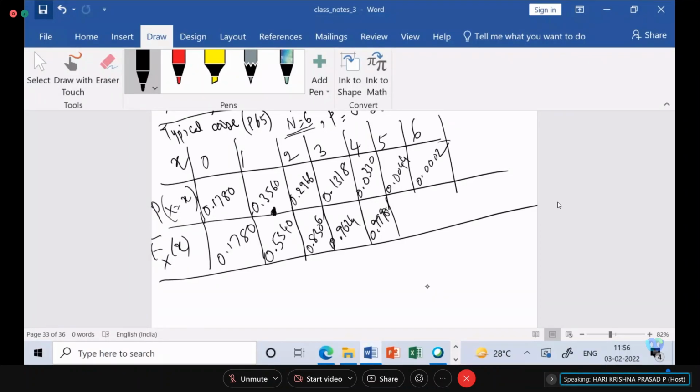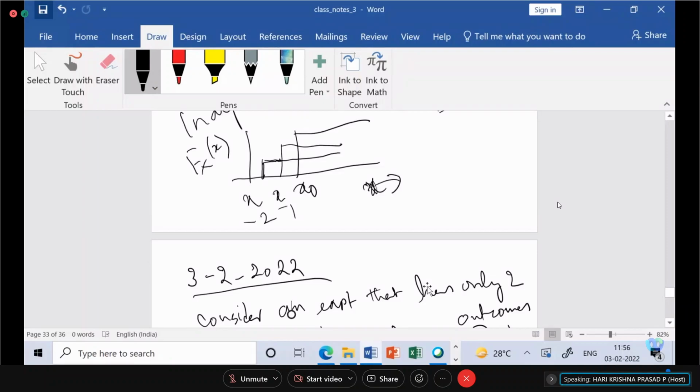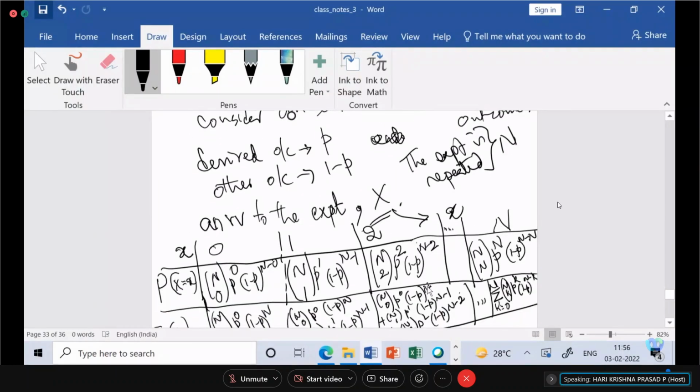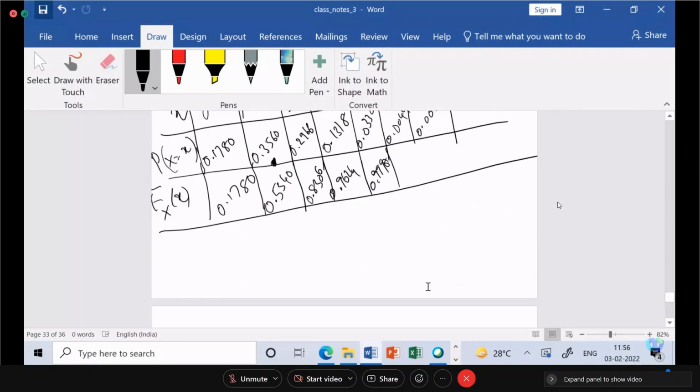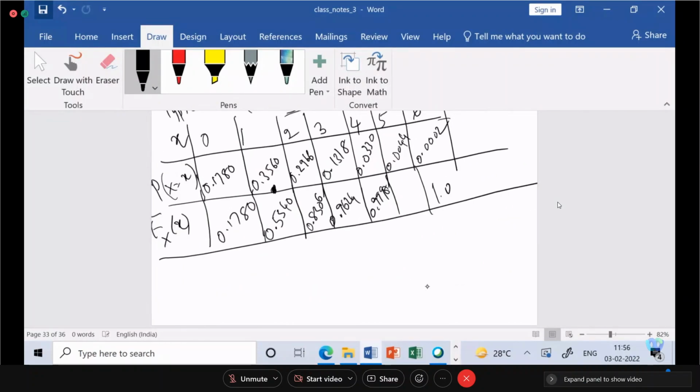Anyway, the last entry is 1. Before 1, I have this entry. Sir, after 0.9624, it is 0.9954. Yes, 0.9954, I missed that. Thank you for pointing out. It should be 0.9954 here.